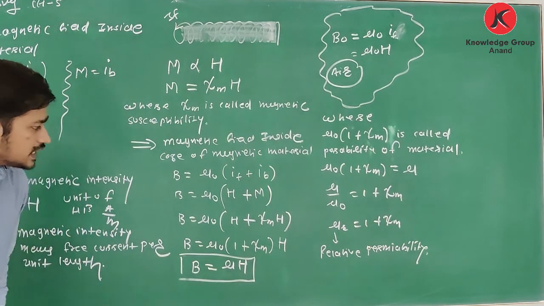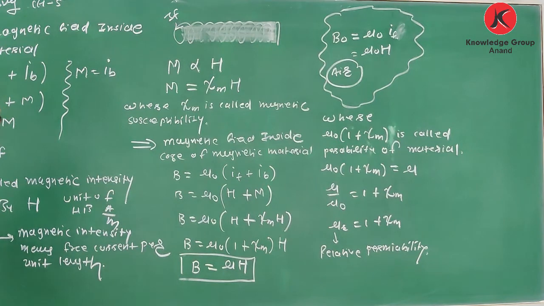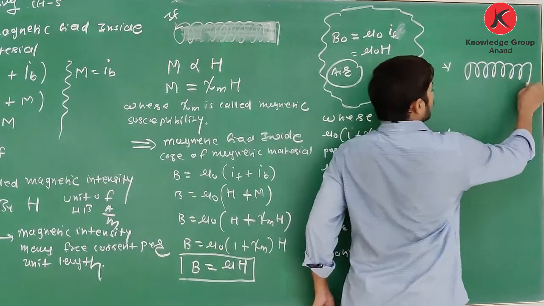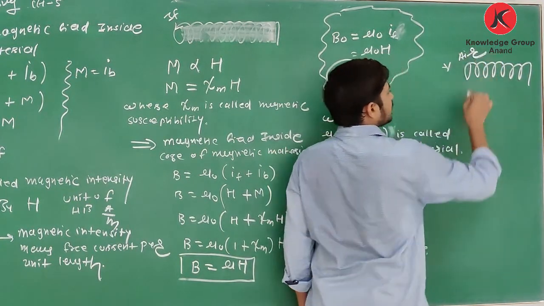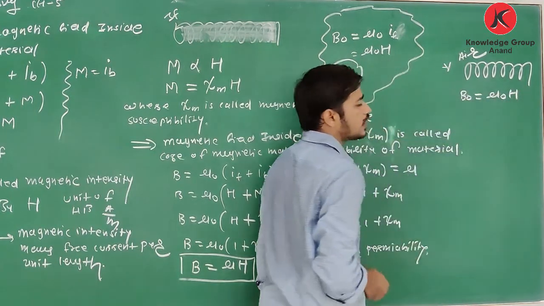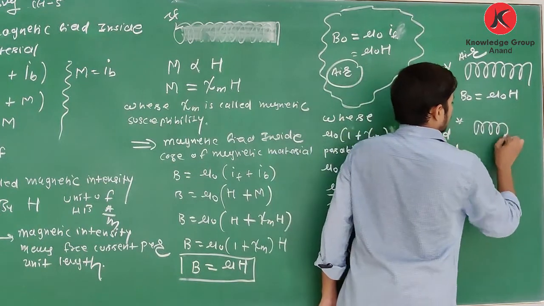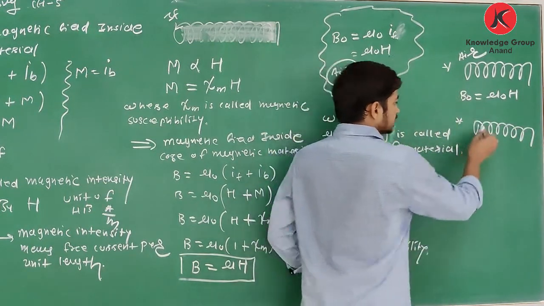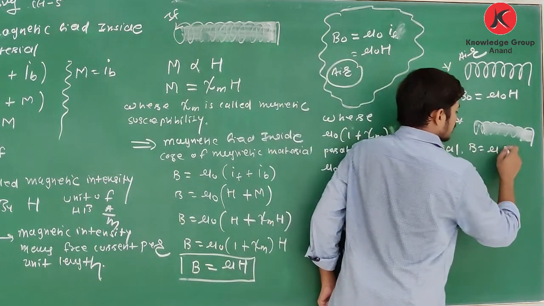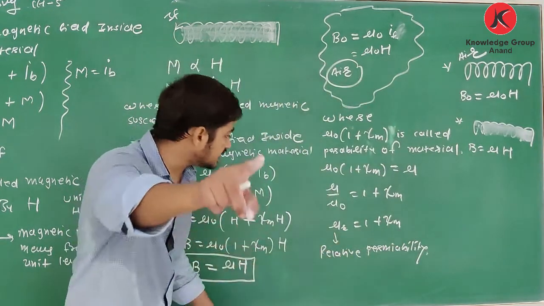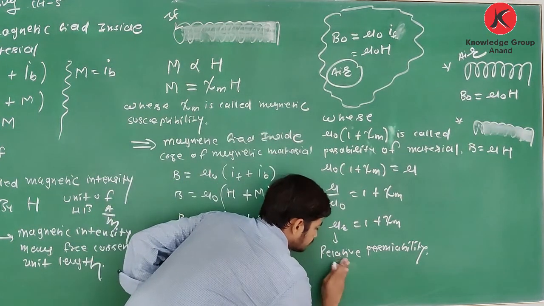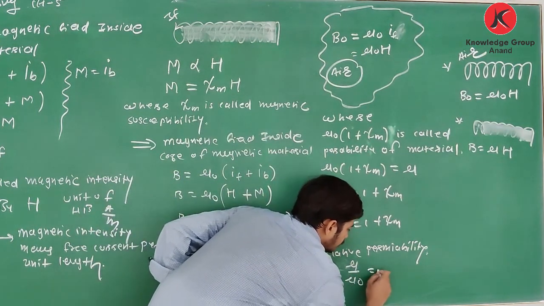Any doubt? So yes, what conclusion do you have to remember? If it is a solenoid, and initially the medium in the solenoid is air, then the magnetic field inside the solenoid is B is equal to mu 0 H. When that medium inside the solenoid is replaced by another magnetic material, then the magnetic field is equal to mu H. Mu upon mu 0 is equal to mu r.